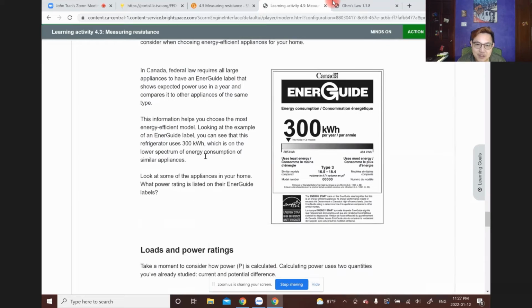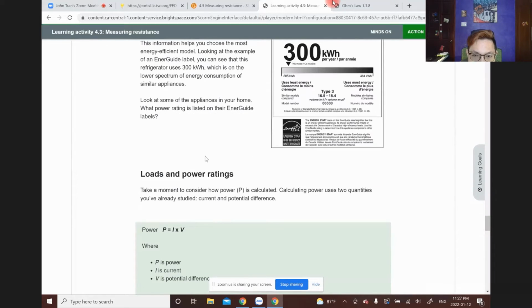Let me just read the French words here. Consomme le moins d'énergie. This sounds so fancy. Numéro du modèle. Number of the model. Modèle similaire comparé.